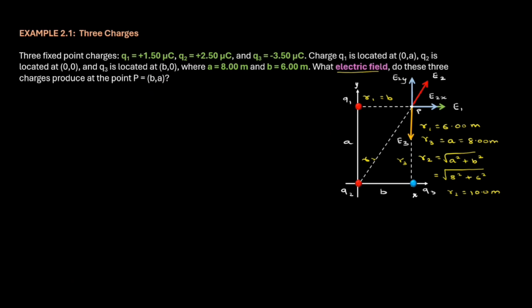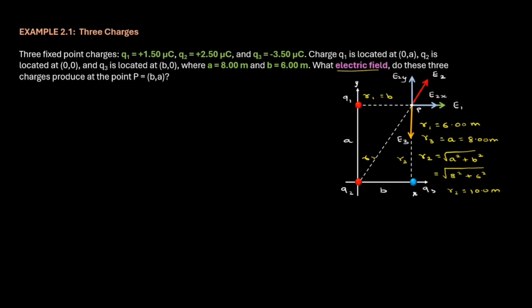Now we are going to calculate its magnitude. In order to calculate the magnitude of the resultant E, we will first find the magnitudes of E1, E2 and E3. So we can write E1 to be equal to KQ1 over R1 squared.